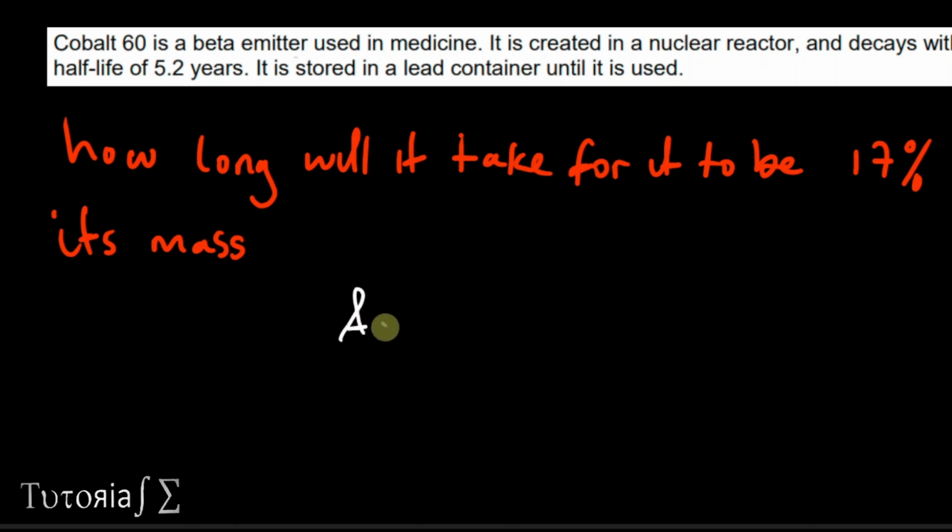AF is equal to AP, open brackets, 1 over 2, close bracket, to the power T over N.